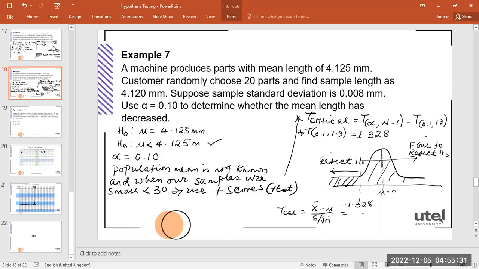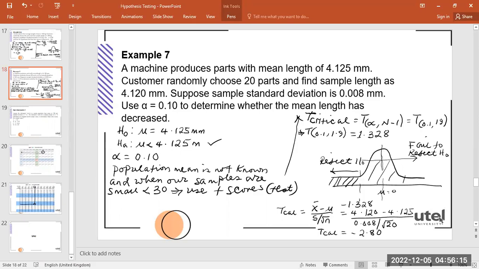And of course, this is going to be 4.120 minus 4.125 all over 0.008 divided by the root of 20, because 20 parts were sampled. And of course, if you do the math very well, you should arrive at your t cal, as the calculated value of t, is minus 2.80.